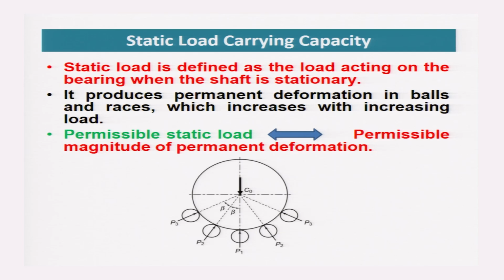Now, we know that in the rolling element bearing we have an inner race, an outer race, and in between them rolling elements are there, and the shaft will apply load, either the radial load or the thrust load, through the inner race to the balls and it will be transmitted to the outer race. Static load is defined as the load acting on the bearing when the shaft is stationary. It produces permanent deformation in balls and races.